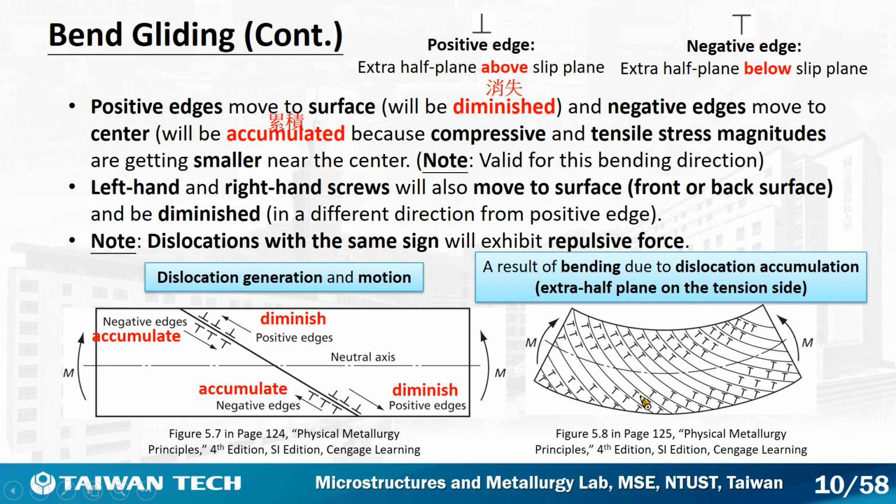So let's first try to consider positive edge and negative edge, because this is the slip line, right? So we have positive edge and negative edge, positive edge, and negative edge with different shear stress directions. And first, let's see this one. With this shear stress direction from right to left and the positive edge, then this dislocation will go to here, right?